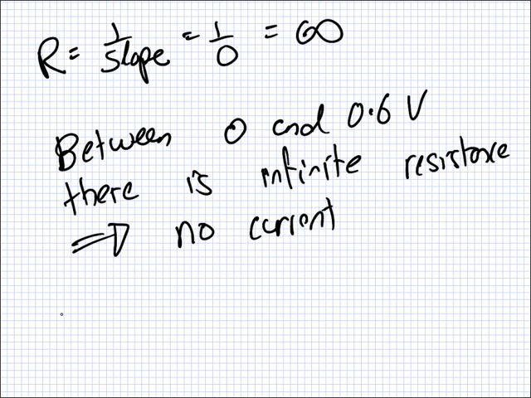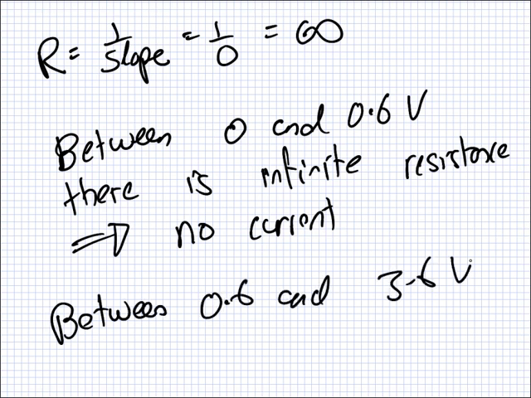And then between 0.6 and 3.6 volts, the resistance equals, what's that? That's 3 over 3.6, roughly. It's about 1 over 1. So the resistance is 1 ohm.